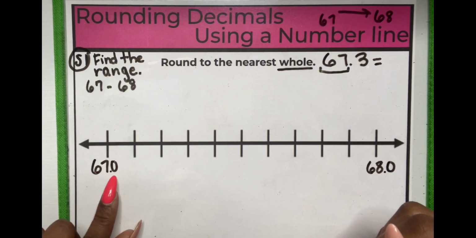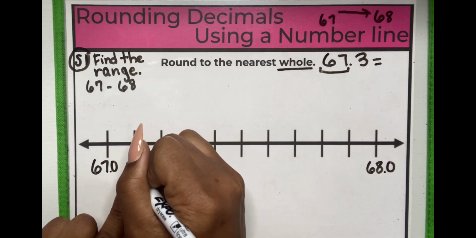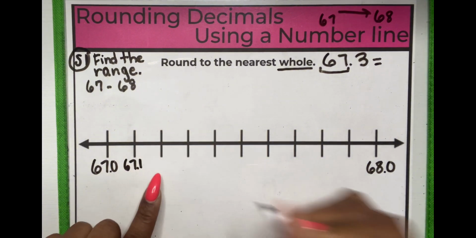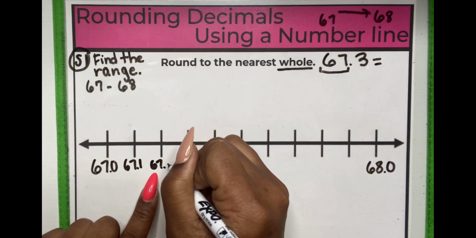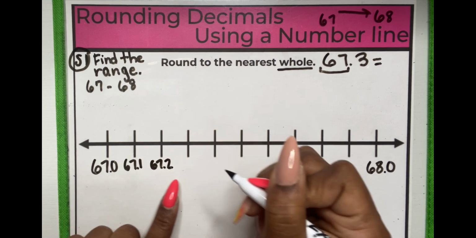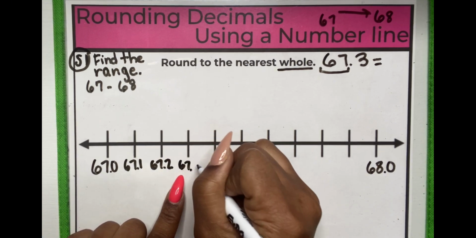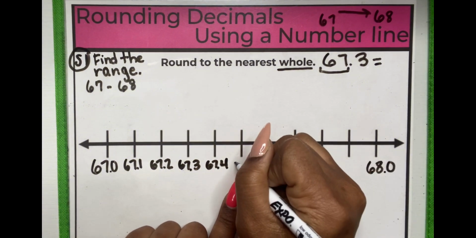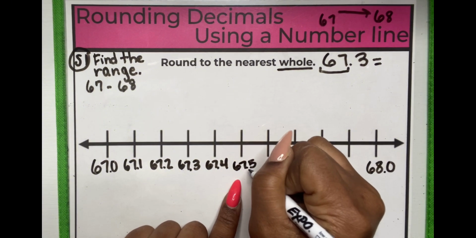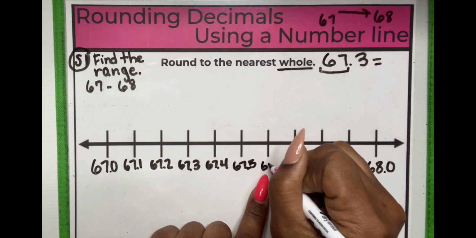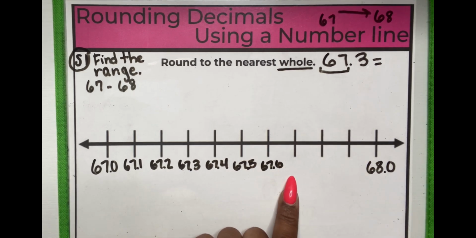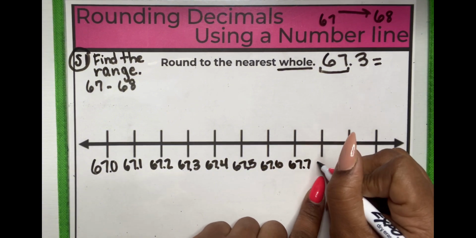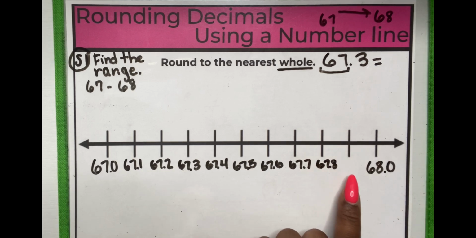So we have 67, but no tenths here. So this is going to be 67 and what? Hopefully you said 1/10. 67 and 2/10. 67, 3/10. 4/10. 5/10. 6/10. 7/10. 8/10.